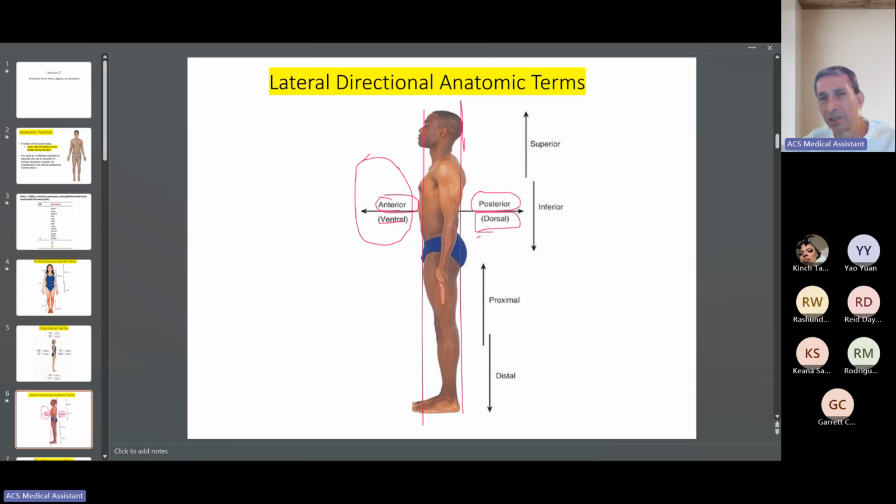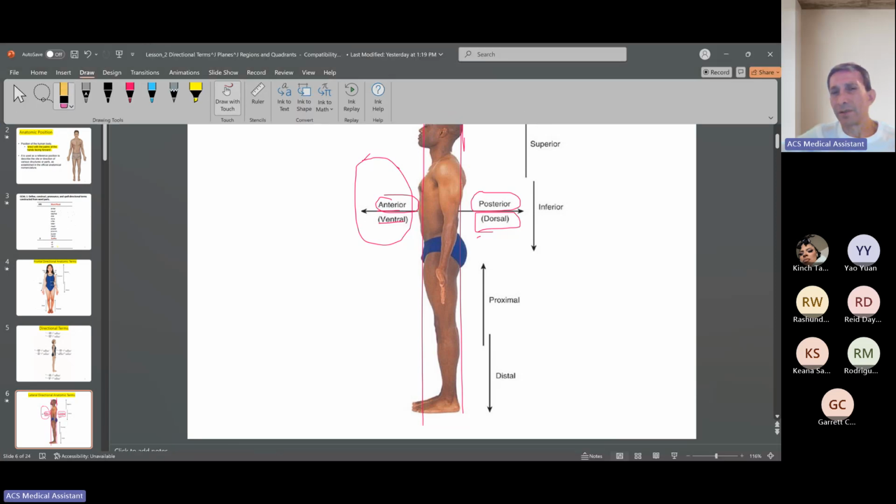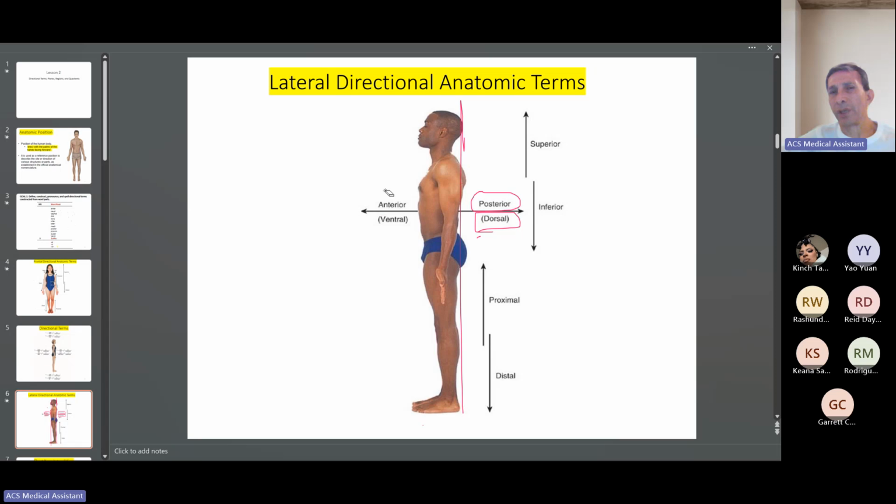They say, "the front, the back." They say, "I have pain in my back. I have back pain." So we have to translate that to medical terms when we document. It's complex, because the only time we document exactly what the patient says is when we are writing down the chief complaint.